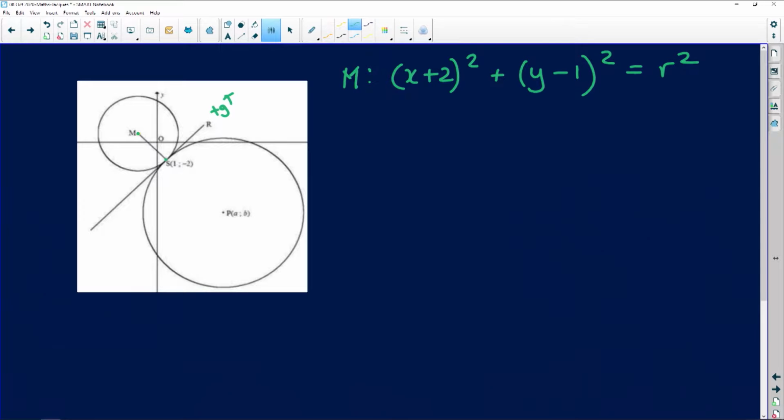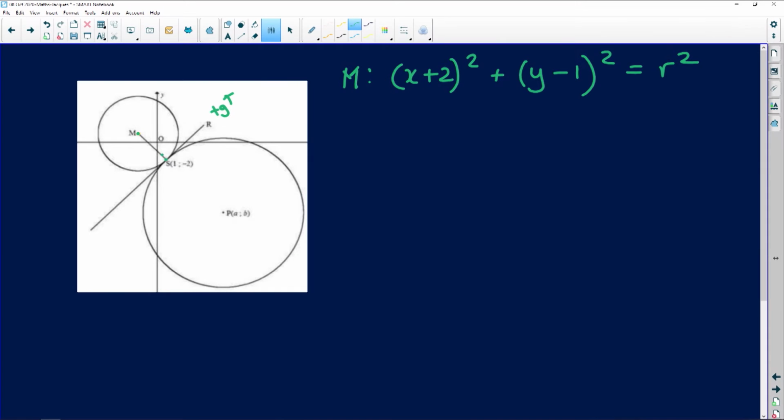Now that is very helpful. The moment we have a tangent and a radius, we know they are perpendicular to one another. So we can say that there's a right angle at the point S between the tangent and that radius.